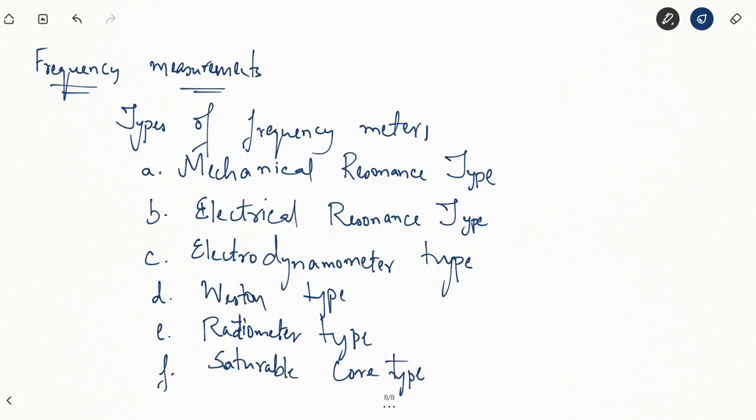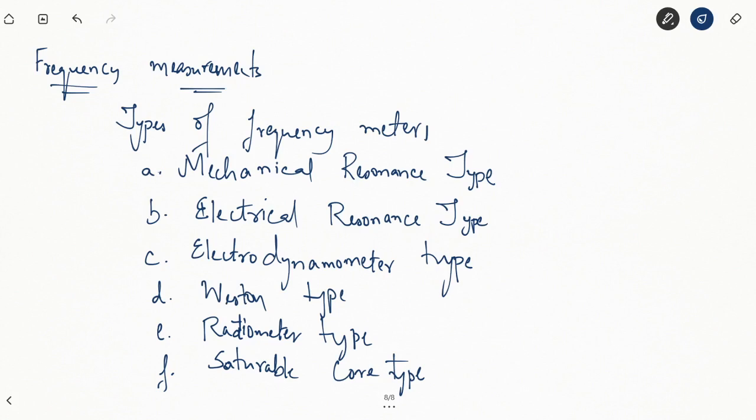So frequency can be measured with any of these different types of meters available to us. These are different analog devices: the mechanical resonance type, the electrical resonance type, the electrodynamometer type, ratiometer, saturable core type, and we have other digital devices like the electronic counters, frequency bridge, stroboscopic methods, or CROs.